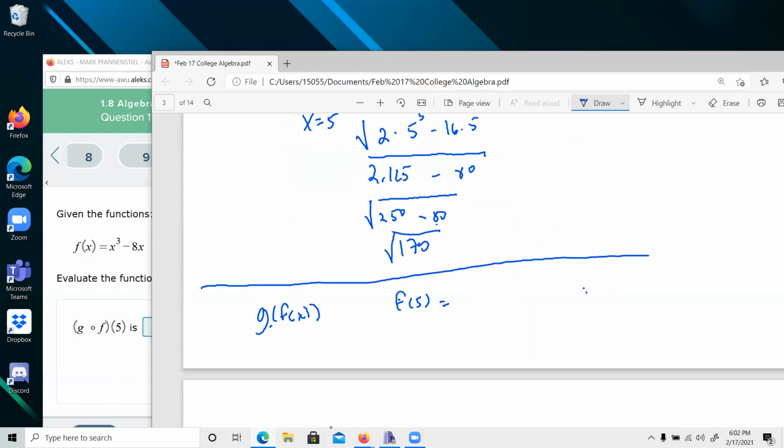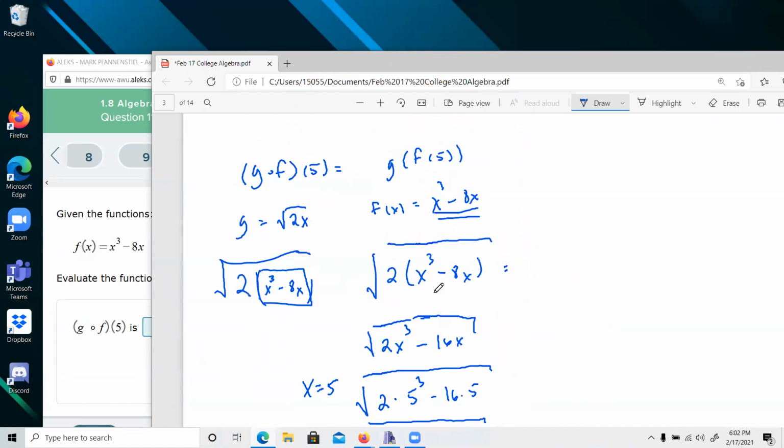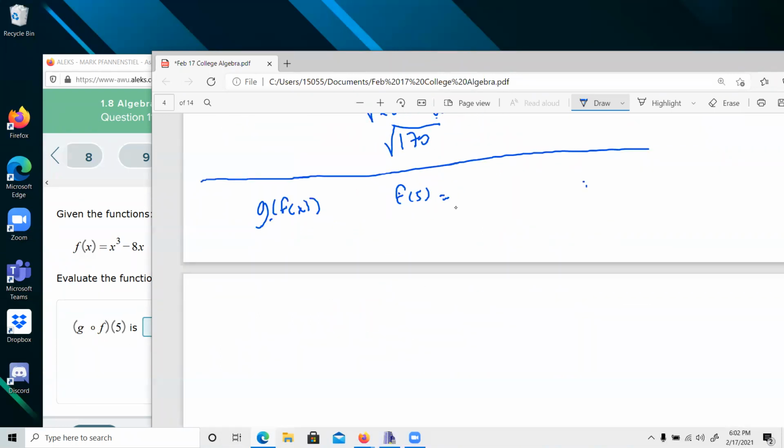So f of 5 is, what is f? F is x cubed minus 8x. So this is 5 cubed minus 8 times 5. So this is what, 125 minus 40? I think that's going to give me 85 here.